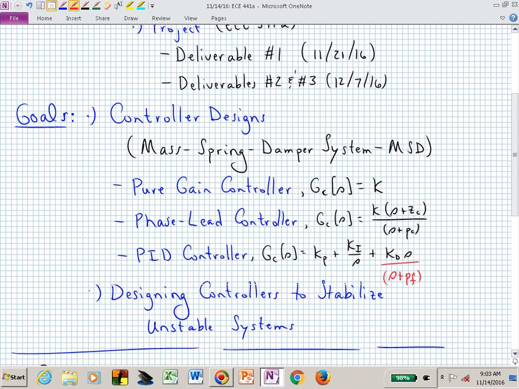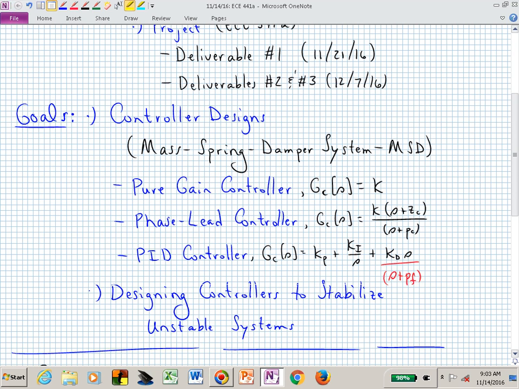If we just had a pure derivative, or a zero at the origin, what would that look like in a Bode plot sketch? It's plus 20 dB per decade all the time, isn't it? It's just going up and up as we get to higher and higher frequencies, and we probably don't want that, which is why in reality we have this fast pole introduced into our derivative term.